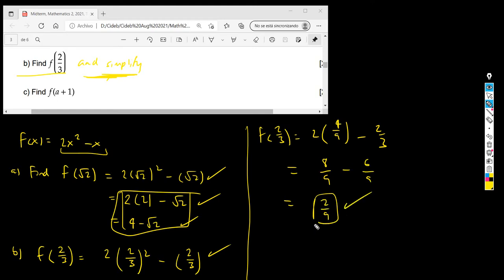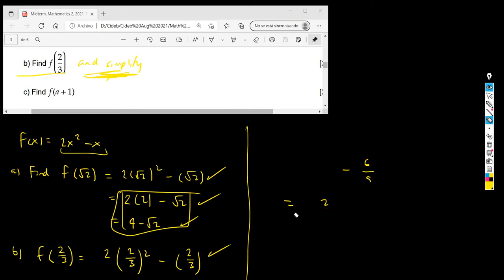It's always better to simplify a little bit, but realize that by doing this, you're technically answering the question correctly. And if a teacher says that this is wrong because you didn't simplify, you can appeal. You can say, well, you never told me to simplify, so this is perfect. And you would be correct. So it's 2/9.